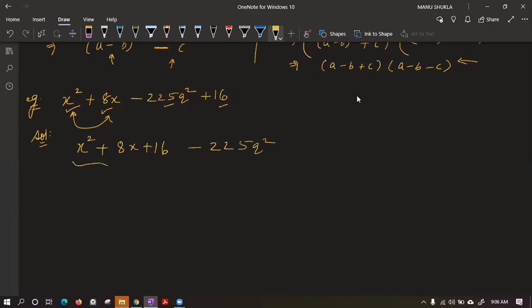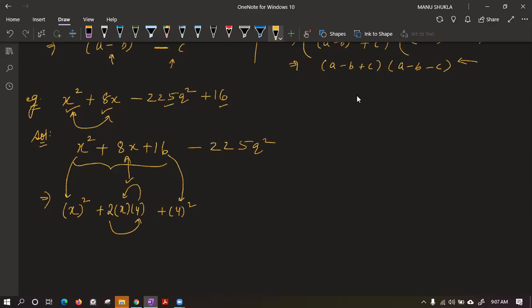Now if you observe these three, let us check, are they resembling the formula a plus b whole square? This x square must have come from x, and this 16 must have come from plus 4. Now let us check 2ab: x into 4, 2 fours are 8, 8 into x is 8x. So we are absolutely correct.